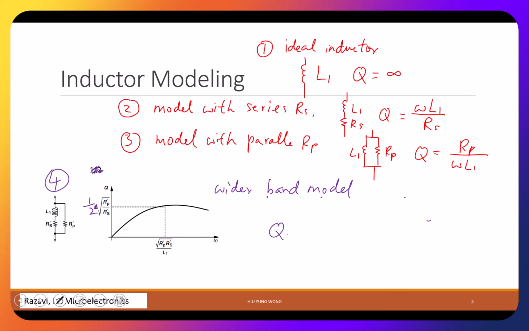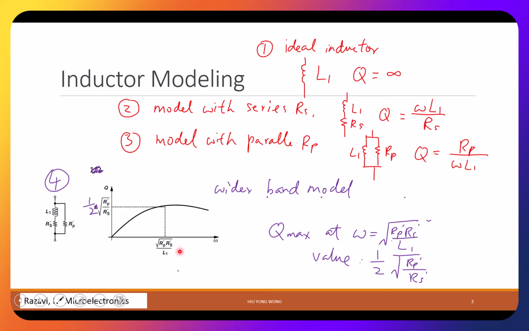The Q maximum of this model is at omega equal to square root of RP RS divided by L1, and then the value is equal to 1/2 square root of RP divided by RS. And that's why I say there's a typo in the textbook.